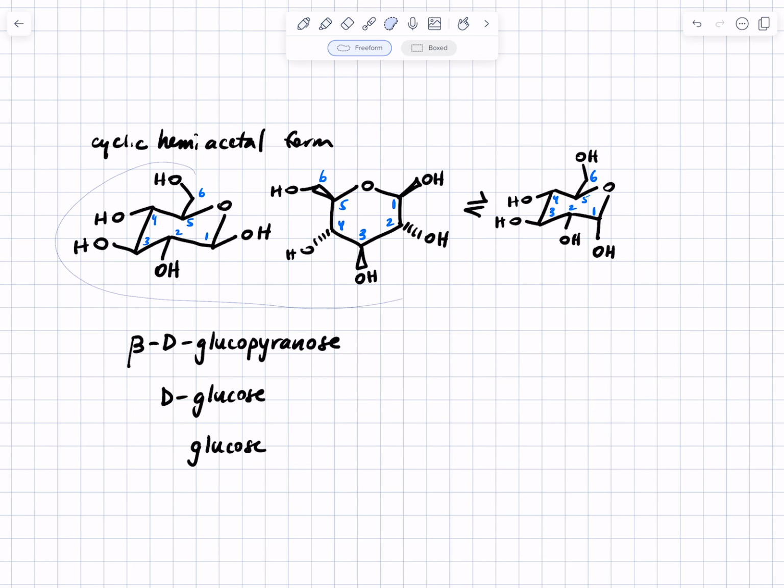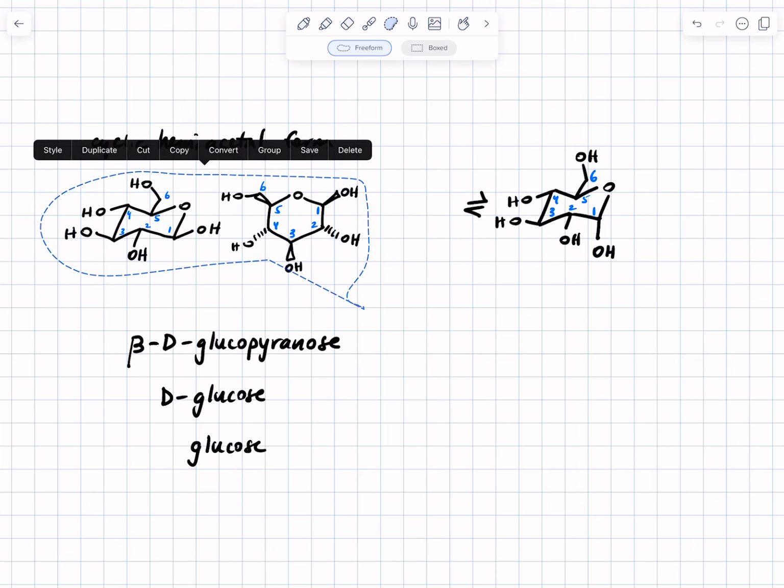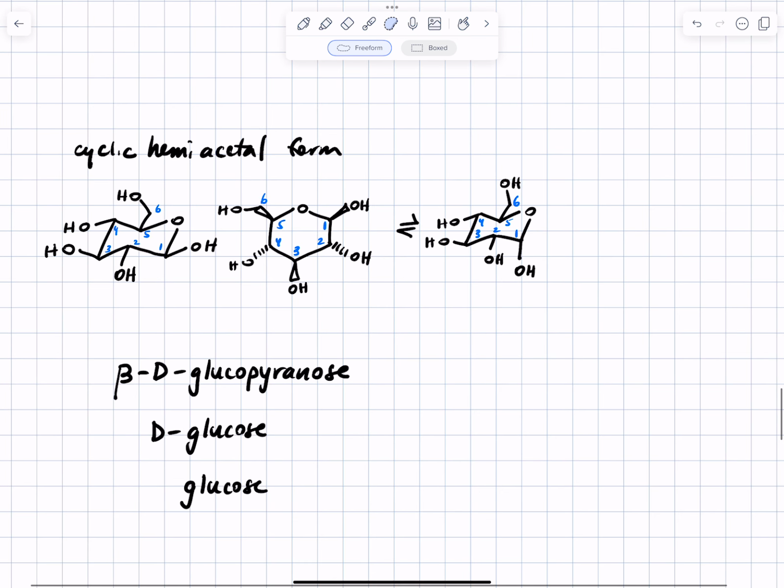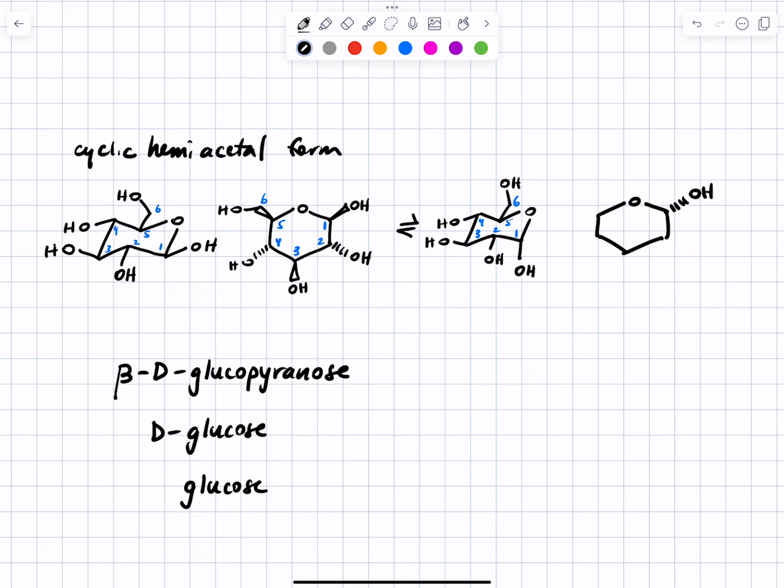Looks like I'm running out of space, so I should have made my structures a little bit smaller. And then if you wanted to do the overhead view of the molecule on the right, you would draw it with that OH group on carbon 1 down, and then every other stereocenter in the molecule would be the same.